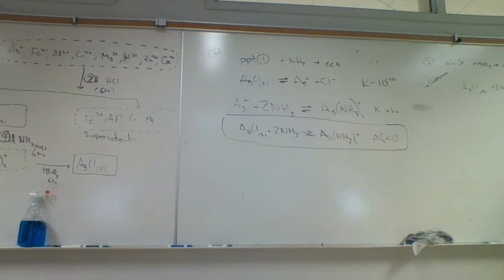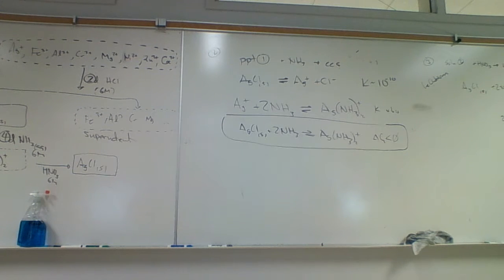I'd rather attack ammonia chemically. Ammonia is a base, so I want to use an acid. I just attack it with some nitric acid. What that's going to form is ammonium.